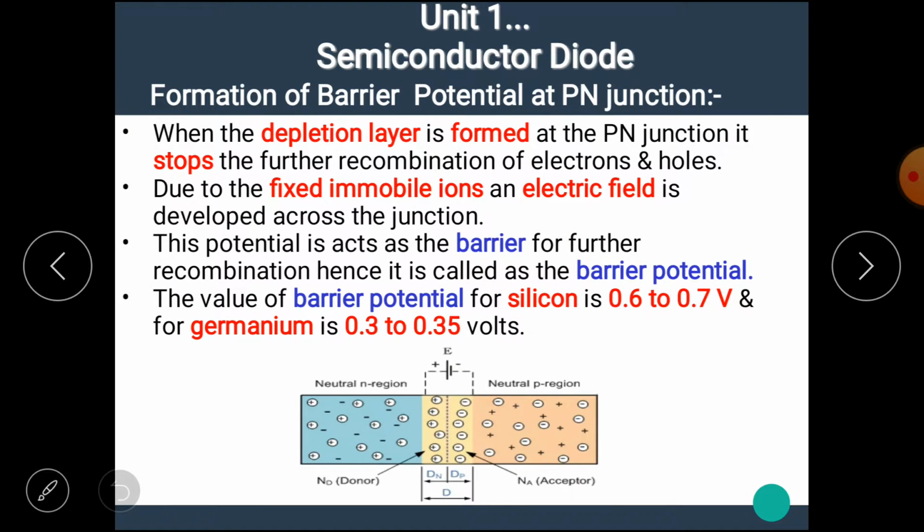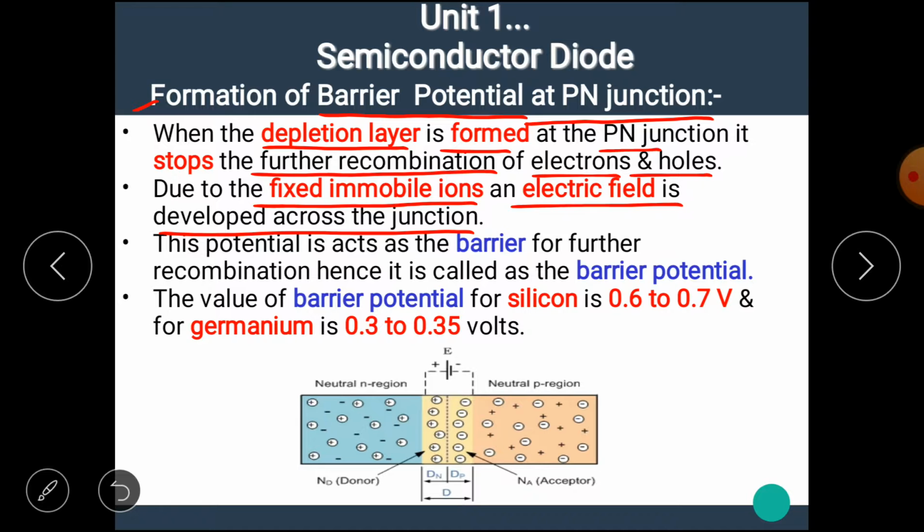Now let's see what is meant by the formation of barrier potential at the PN junction. When the depletion layer is formed at the junction, it stops the further recombination of electrons and holes. Due to the fixed immobile ions, an electric field is developed across the junction. This potential acts as a barrier for further recombination, hence it is called barrier potential.